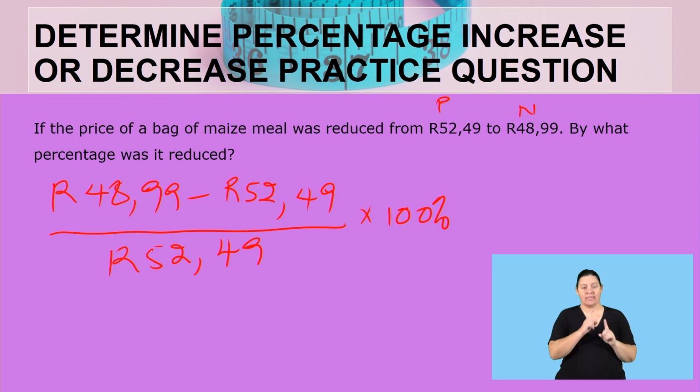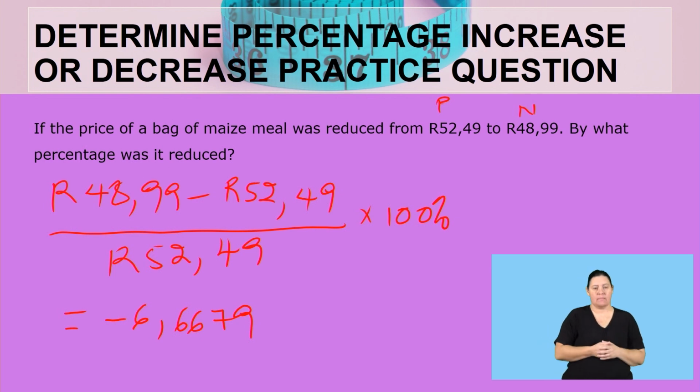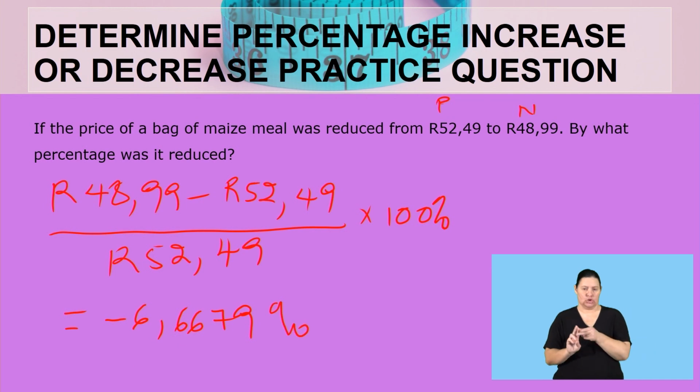The answer you got on the calculator, I hope, is the same as mine: negative 6,6679, which can be rounded off. We can round it off to any decimal place, but remember, there's a percentage as a unit. Therefore, the answer can be negative 6,6.